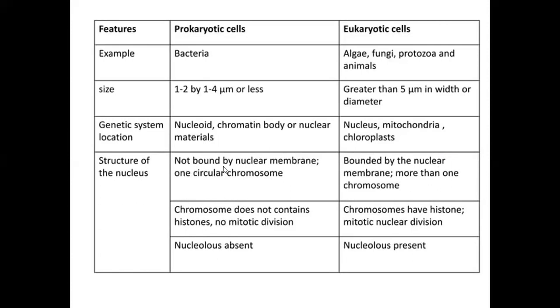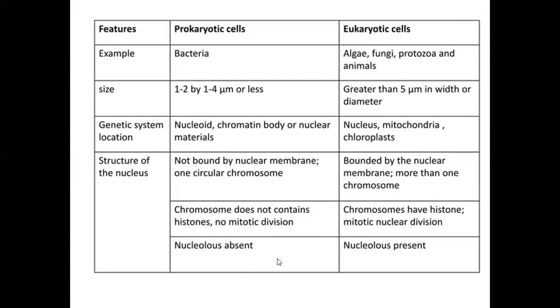There is no clear nuclear membrane and presence of a single chromosome in case of a prokaryotic cell, but there is a definite nuclear membrane bounding the chromosome or the chromatids in case of a eukaryotic cell. The chromosome does not contain histones and no mitotic division takes place in prokaryotes, while mitotic and meiotic division takes place in case of eukaryotes.